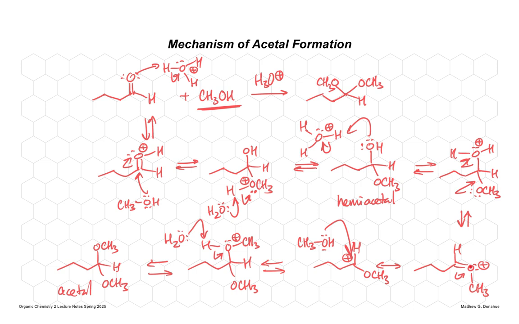And then it forms this resonance form that shows the plus charge on carbon. This is on oxygen. This is called an oxocarbenium ion. That one? The whole thing together. Any other questions?